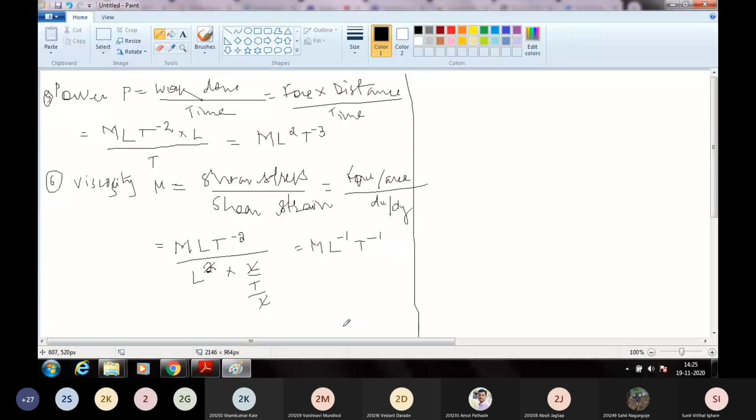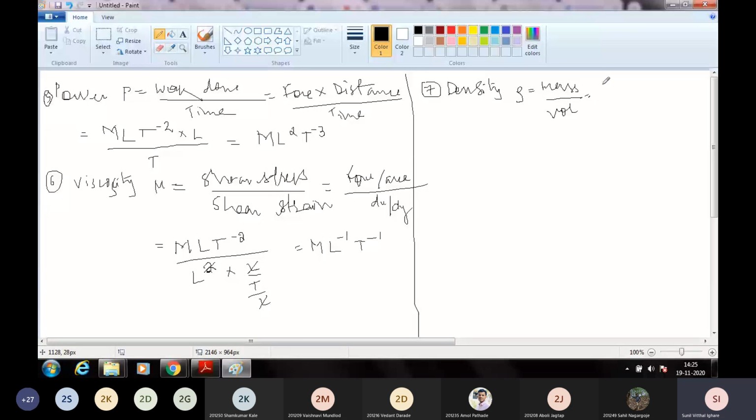Okay, so this is the way to get the secondary quantity. The last quantity we just see, that is density. So density, we are representing it by rho. So rho is equal to what? Density is equal to mass divided by volume.